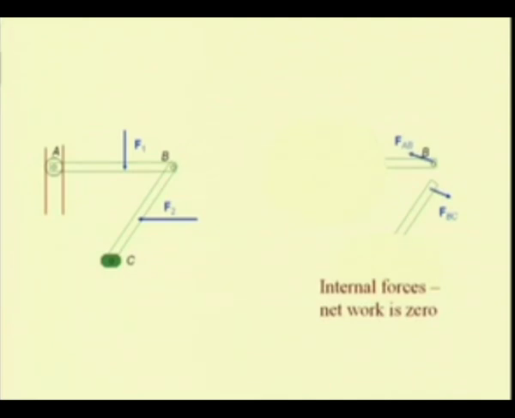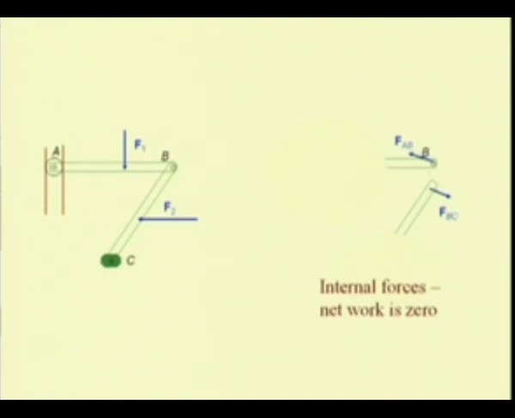We again see that it has both a component along the member as well as perpendicular to the member, and at the other link, that is BC, we have an equal and opposite force FBC, because equilibrium should exist at this point B. So, the sum of these two forces should be 0.